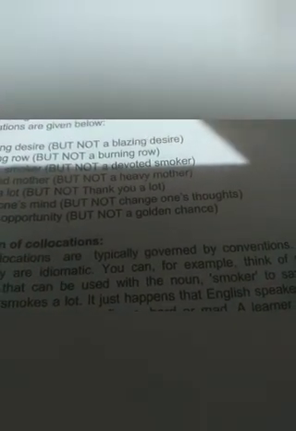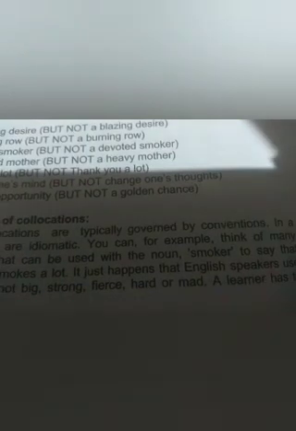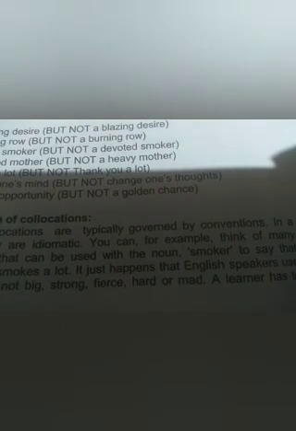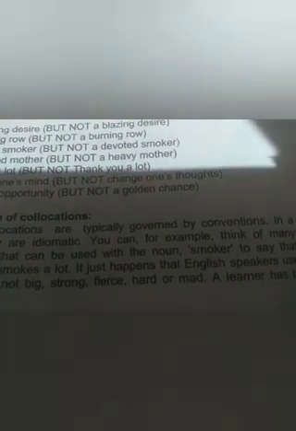A heavy smoker but not a devoted smoker. A devoted mother but not a heavy mother. Thanks a lot but not thank you a lot. Change one's mind but not change one's thoughts. A golden opportunity but not a golden chance.